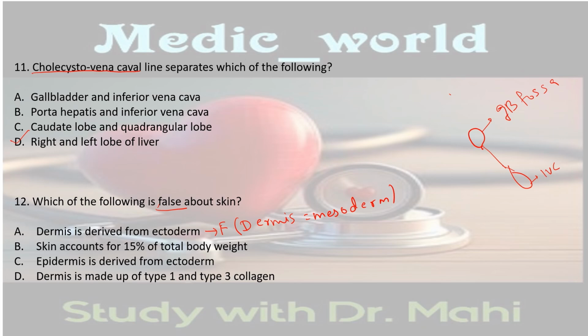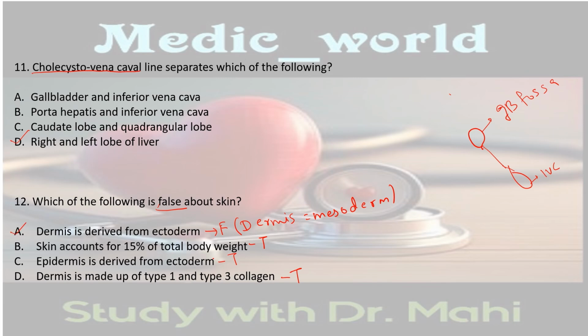Let's see the other statements. Skin accounts for 15% of total body weight. Yeah, it is the true statement. Epidermis is derived from ectoderm. It is the true statement. Dermis is made up of type 1 and type 3 collagen. It is the true statement. So the answer to this question is option A.